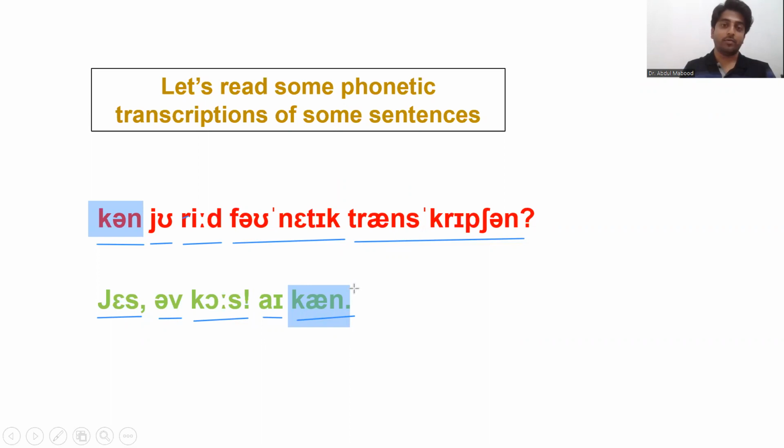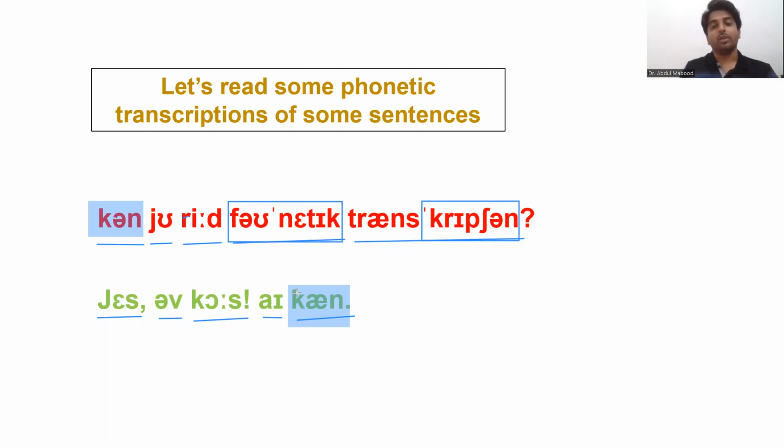Now, if you remember, when you look up the meaning of a particular word in a dictionary, after the word and before the meaning, something is written, and those writings are like these symbols.